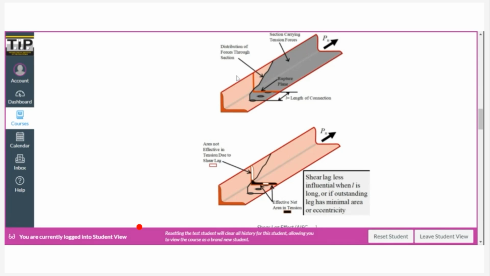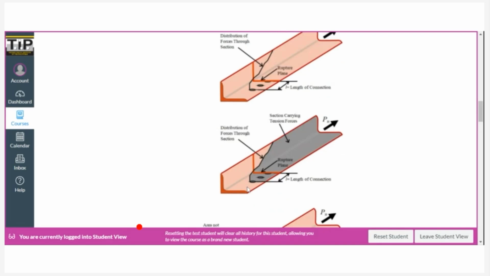So what happens is at this failure plane, the only area that resists this load will only be at this portion. Then this portion, the effects of the load are not yet felt. So if we consider throughout the length of the connection, there is a lag in the development of the forces here. Okay, so that's what we call shear lag.